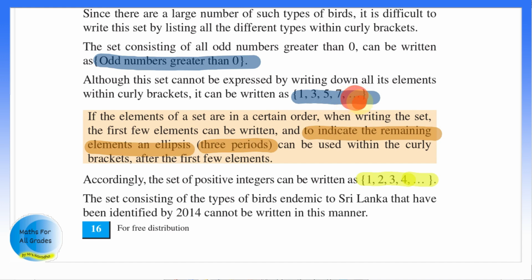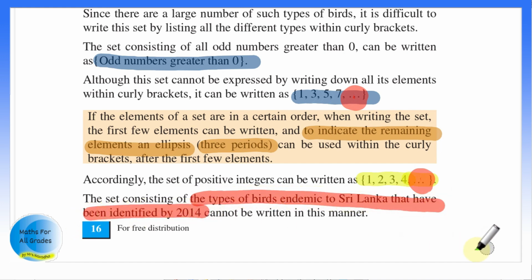We use 3 dots for number sets like that because we know the next number and the next after that. But we don't use 3 dots for sets such as the types of birds endemic to Sri Lanka identified by 2014. We do not write this type of set in this manner.